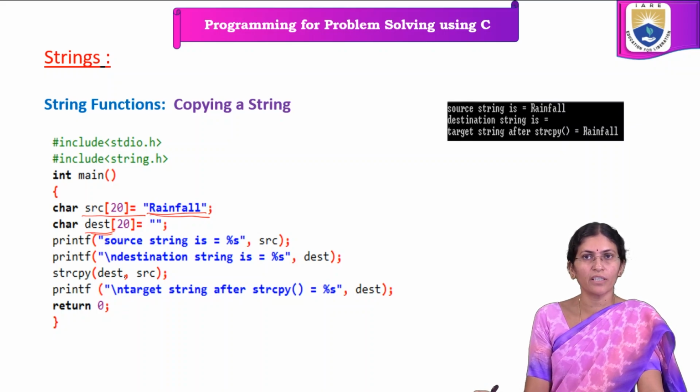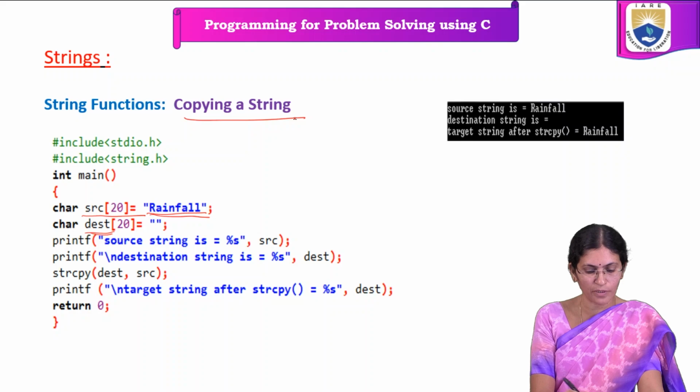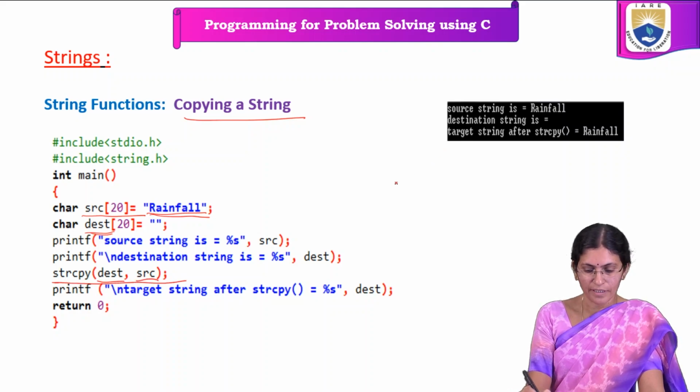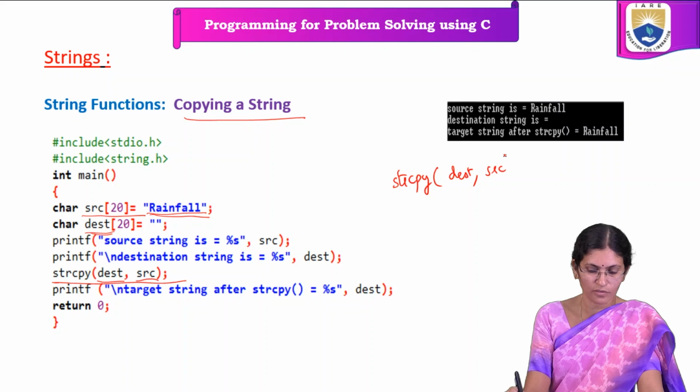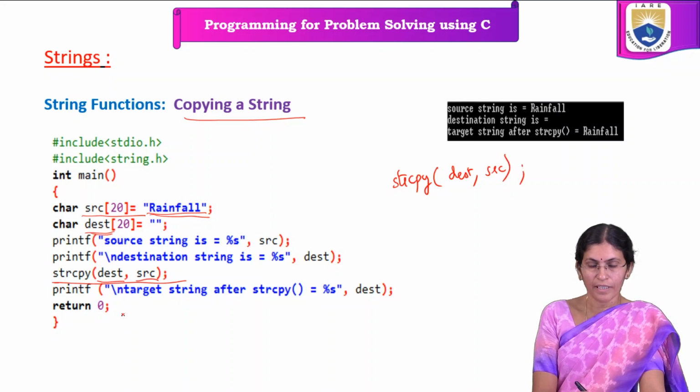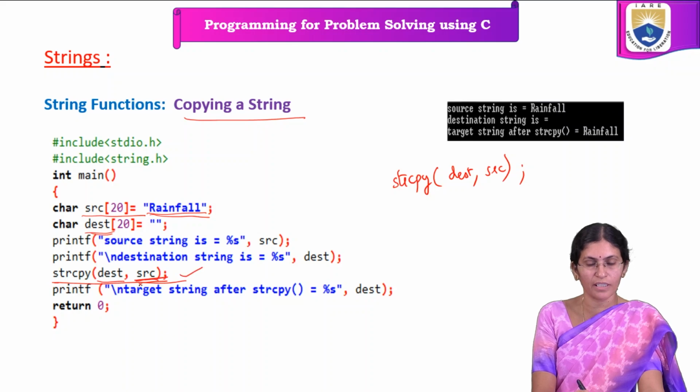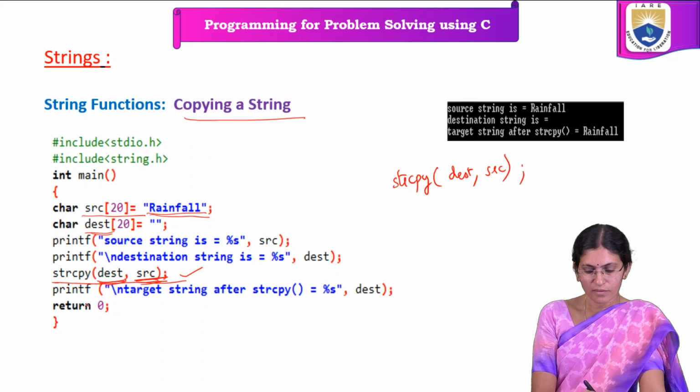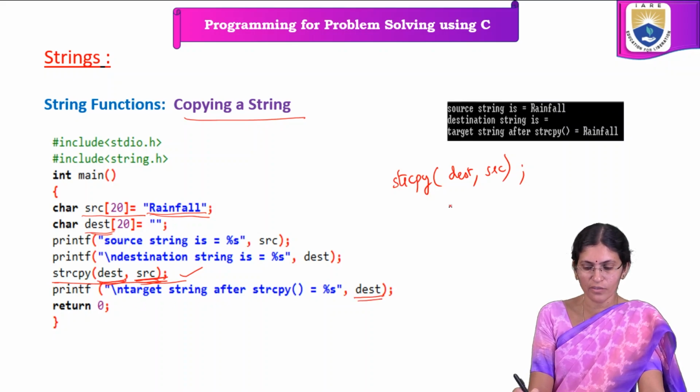In order to copy a string from src to destination, this is the syntax: strcpy dest, src. With this statement, the source string contents are copied to the destination string. If you try to print the destination string, it will give the contents of the source string.